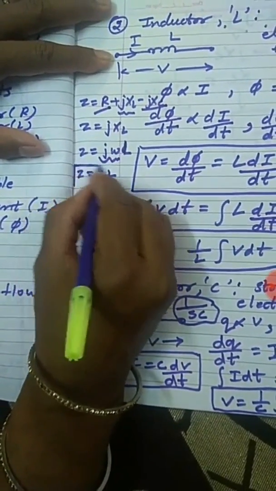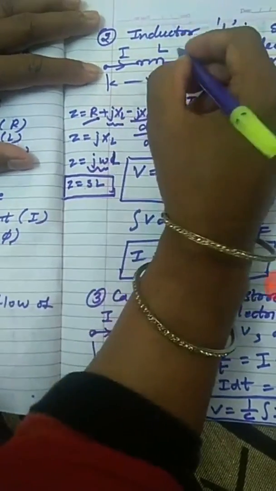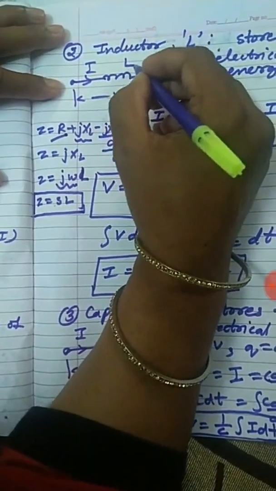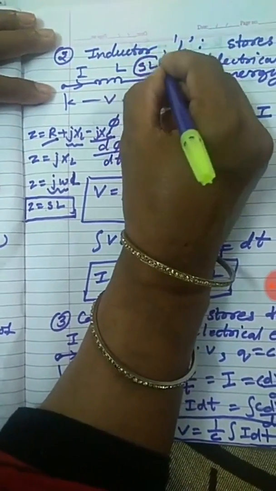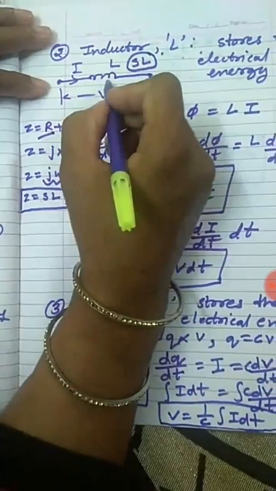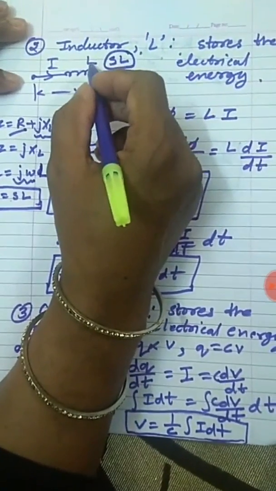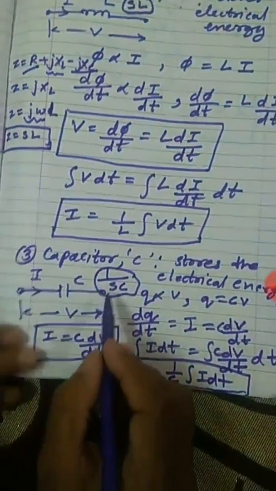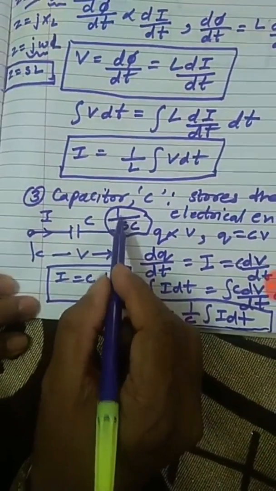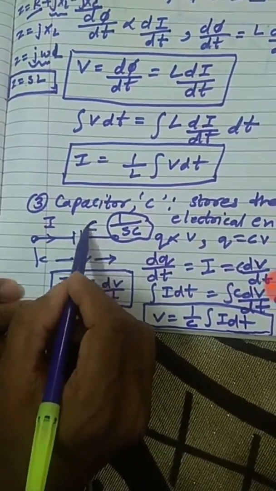So the impedance of the inductor can be written as SL. So if I want to represent this inductor in frequency domain, I can write SL for this. So inductor in frequency domain can be written as SL, in time domain can be written as L. The capacitor in frequency domain can be written as 1 by SC, and the capacitor in time domain can be written as C only.